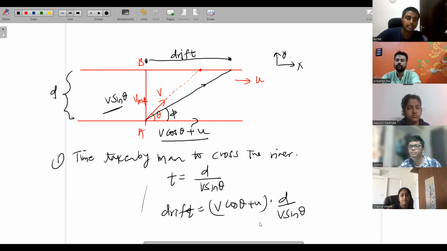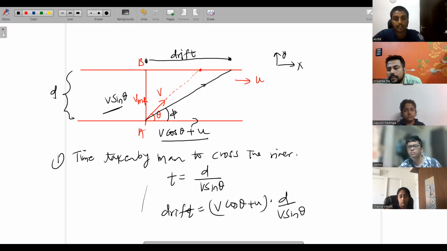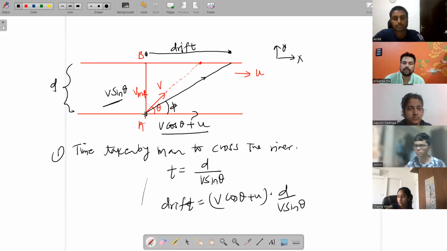Sir, can you please repeat the formula for drift? What? Drift means, see, you started swimming from here, just opposite to this point.